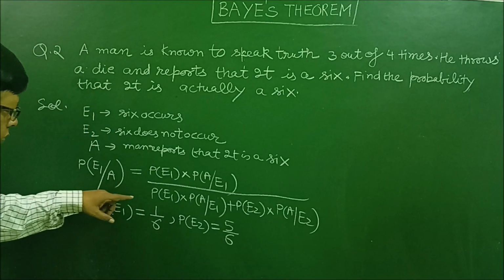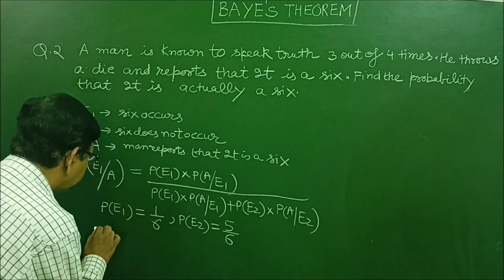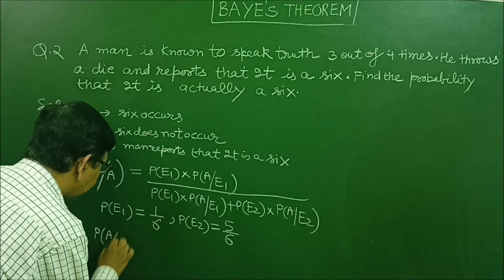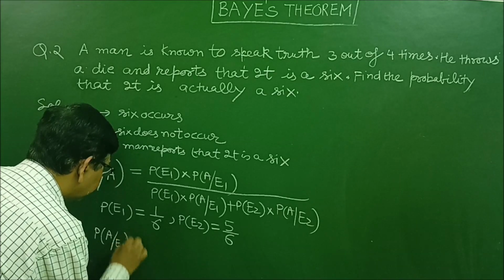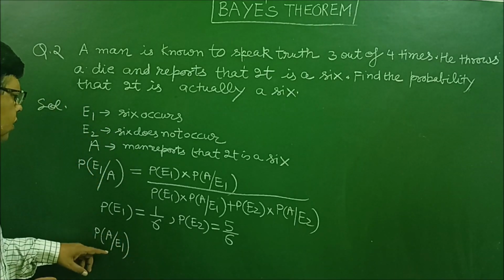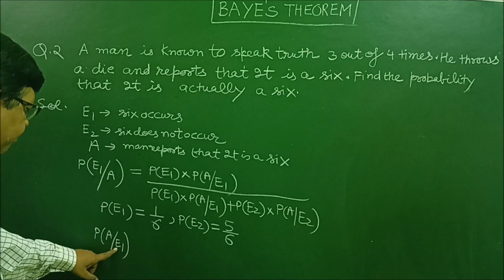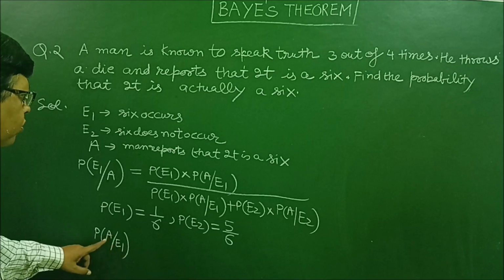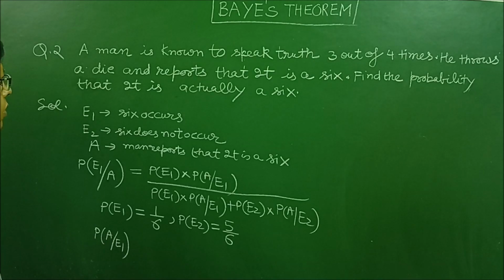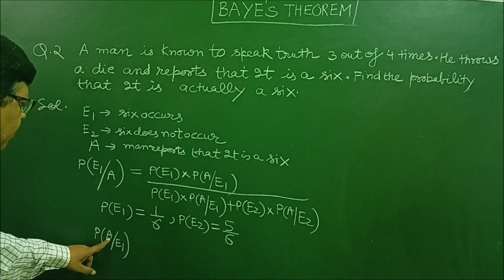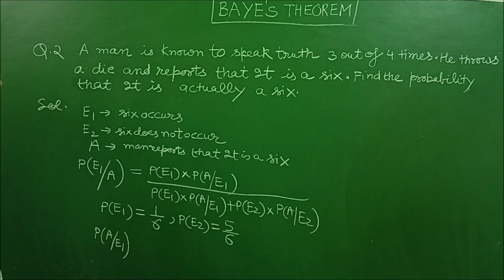Now we want to find probability of A slash E1. 6 occurs and man reports that it is a 6. Now a man is known to speak truth 3 out of 4 times.